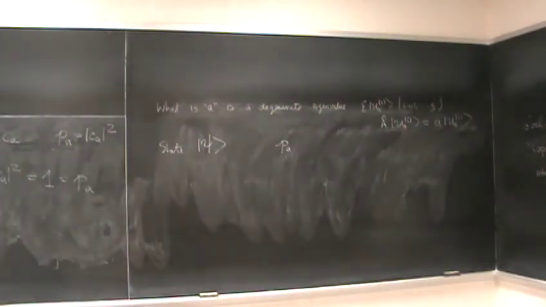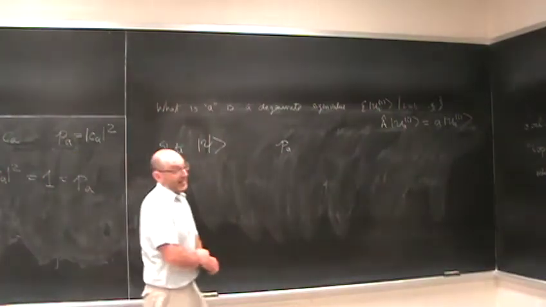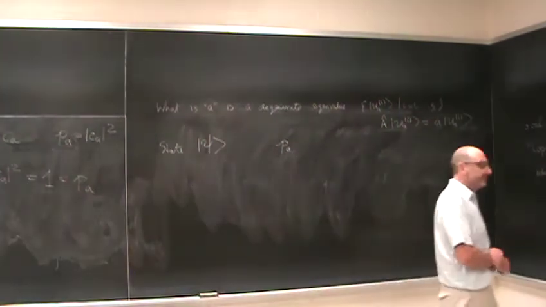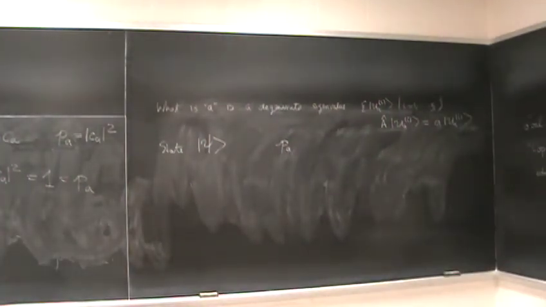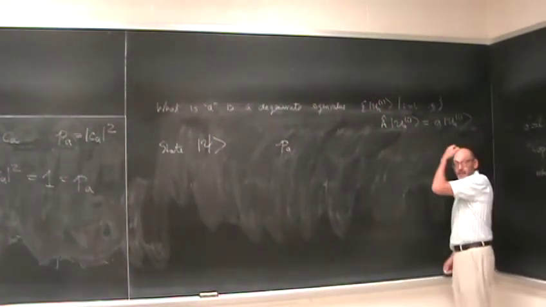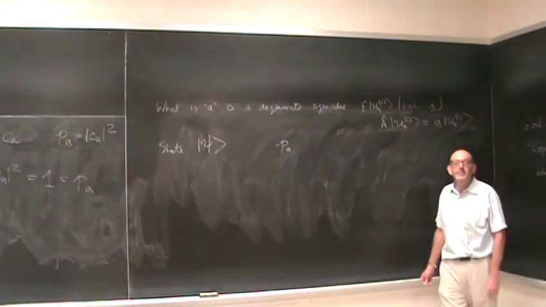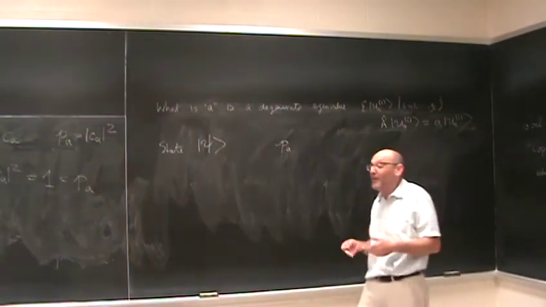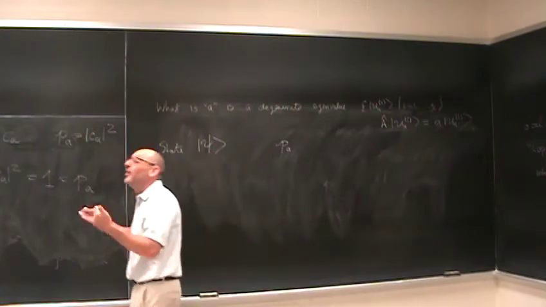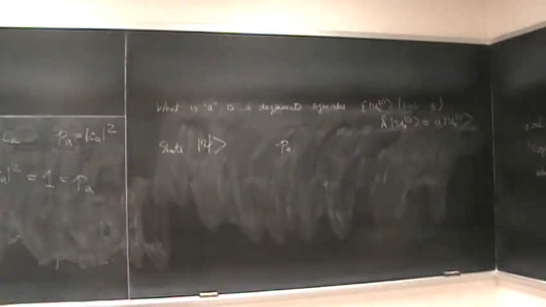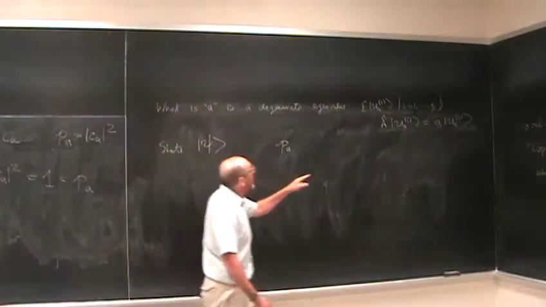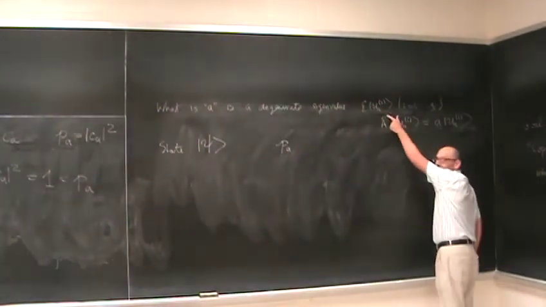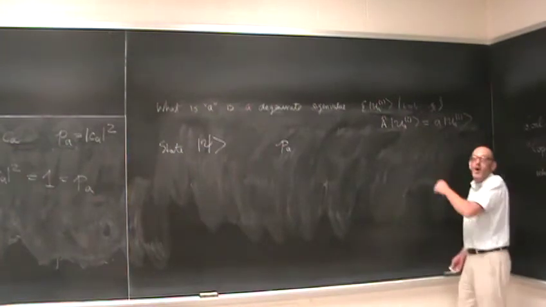It depends on what the measuring device does. If I have degenerate eigenvectors, it means that there are actually other quantum numbers, other mutually commuting observables, that I would need to completely specify which one of these vectors in this degenerate set I'm talking about.